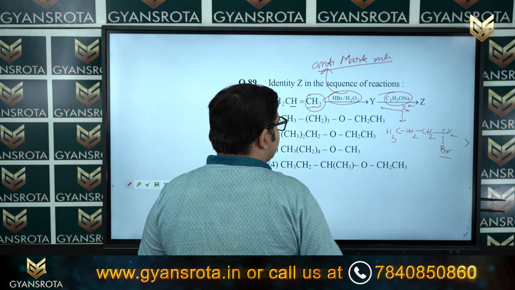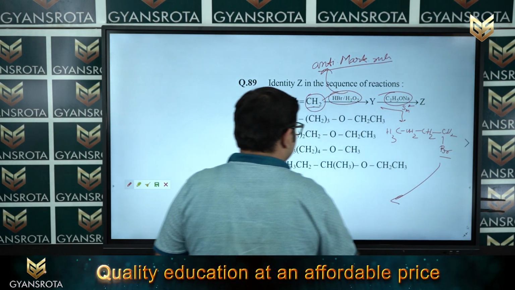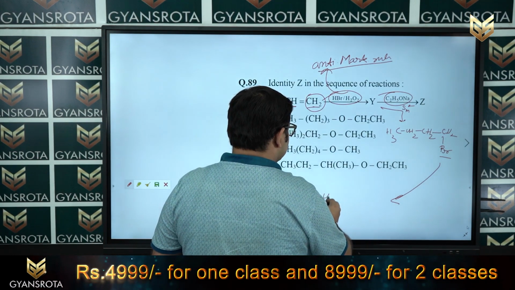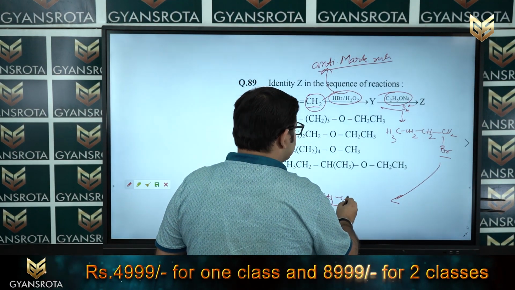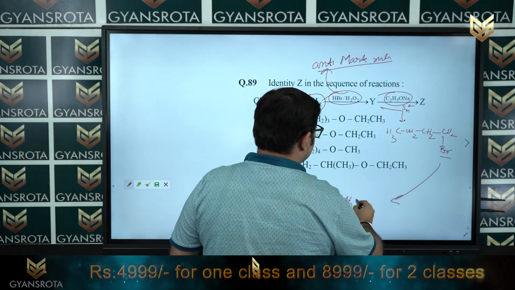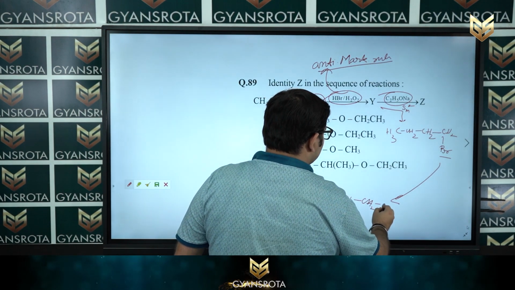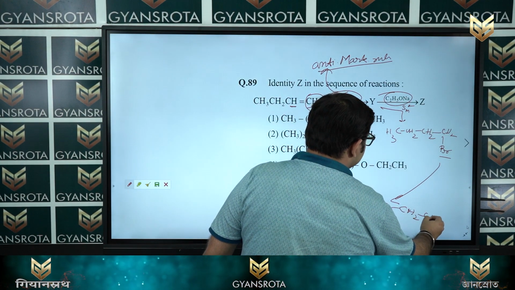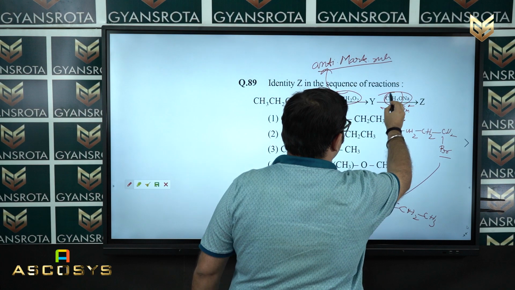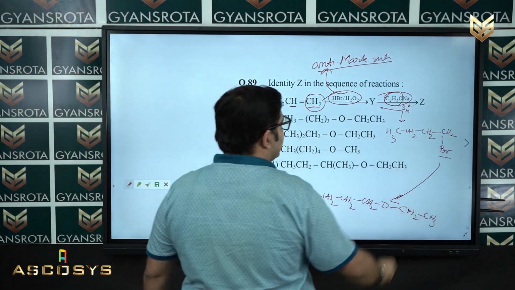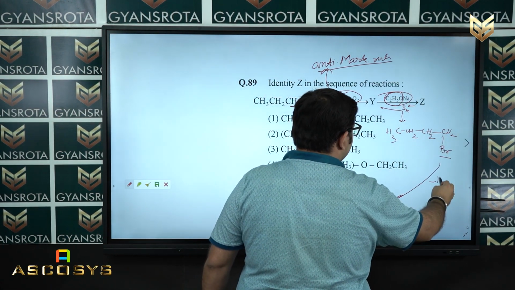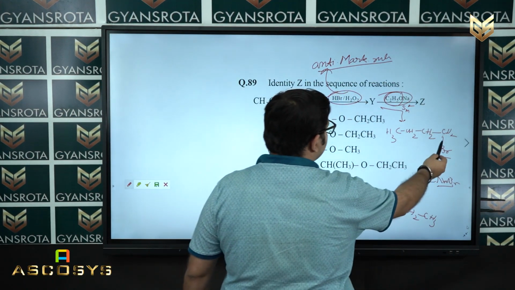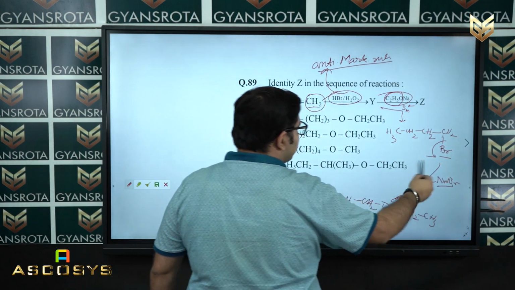So, what are you getting? You are getting your product as CH3, CH2, CH2, CH2O, CH2, CH3. This means the O minus C2H5 part will attach here and NaBr will be left out, because Br minus will be left out.